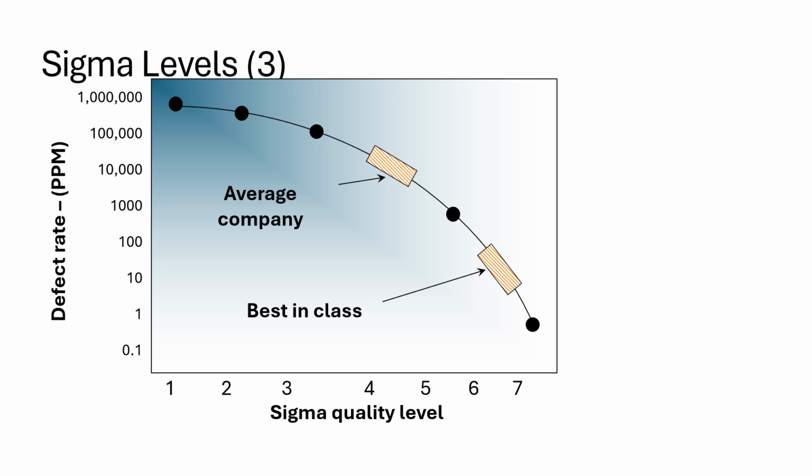That's horrible. 2 sigma, it drops down a little bit. 3 sigma drops down a little bit, keeps going down. As you can see, the average company operates at what? Around 4 sigma quality level, maybe a little bit at a 4.5 sigma quality level. But see how it drops down, especially when you see best in class. The best in class companies, they truly are operating somewhere around a 6 sigma quality level.